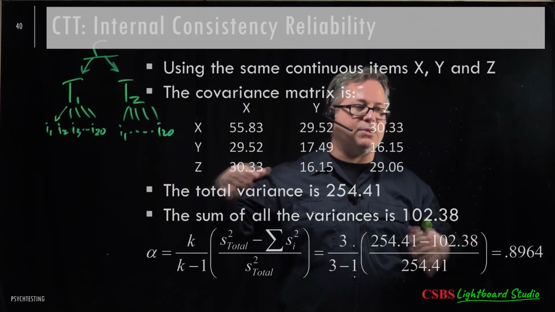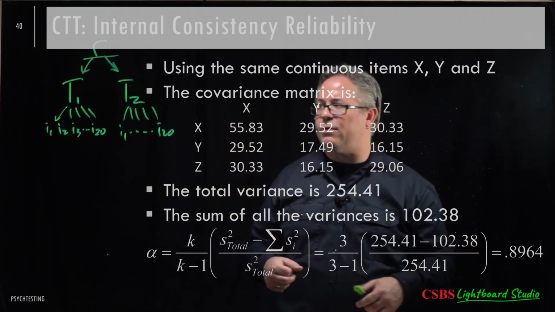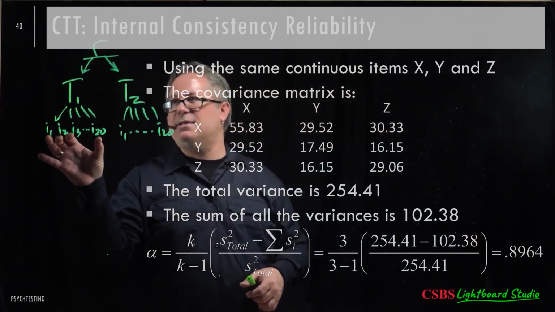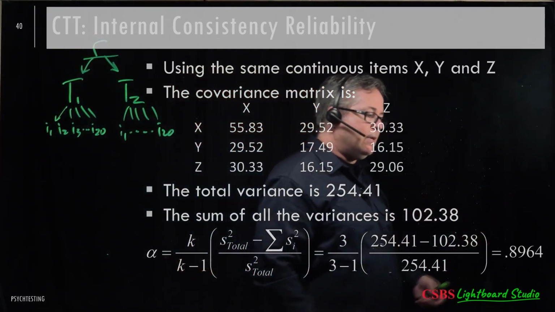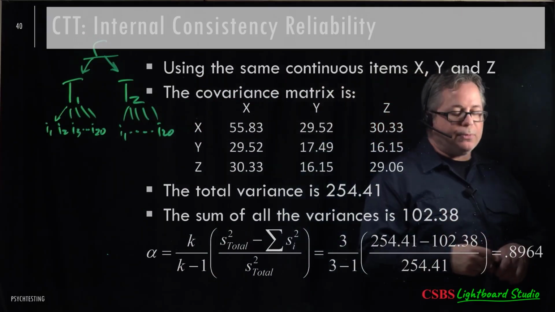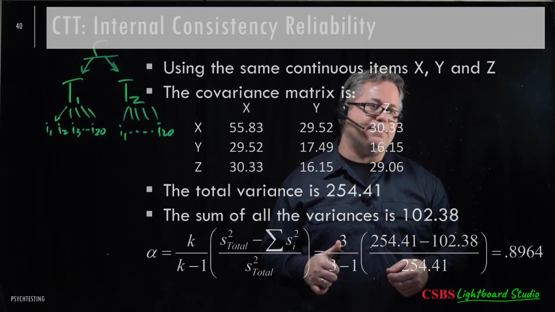Because it's looking at the internal consistency of all possible combinations, which is what this is doing by looking at the covariance. So this is looking within the test. Test-retest is looking across time. So it's looking at different types of error that get introduced into the scales.